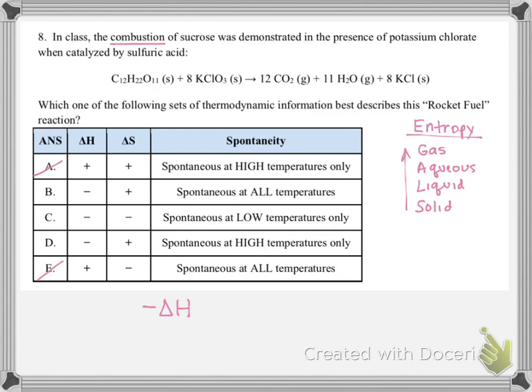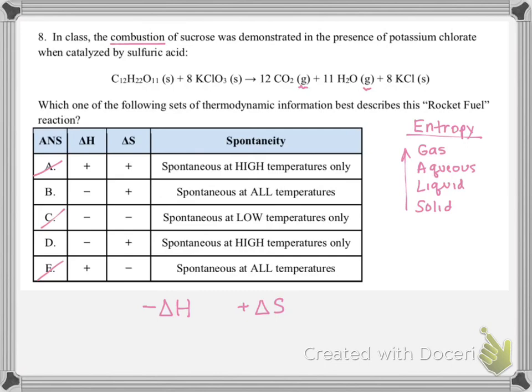Here in our reaction we're starting with all solids, and we end up making some higher entropy phases in the gases. So that tells me we must have a positive delta S. So that eliminates option C.